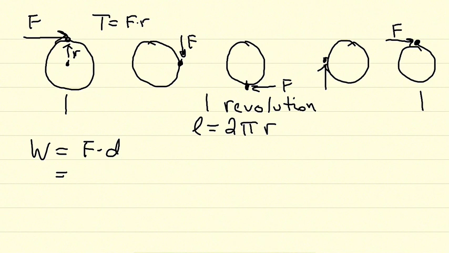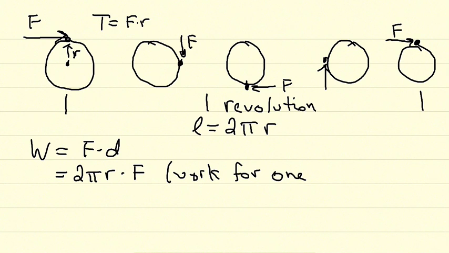And so my work for one revolution is 2 pi r times the force. But I don't have just one revolution.